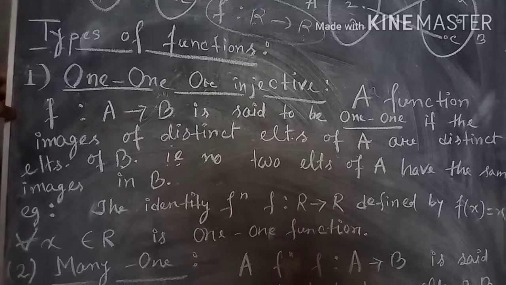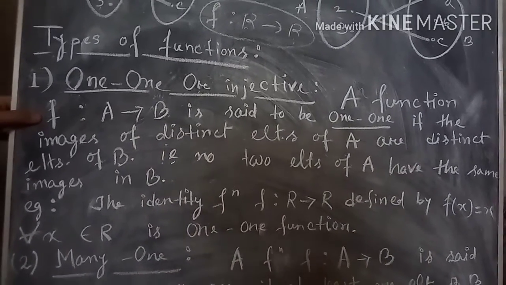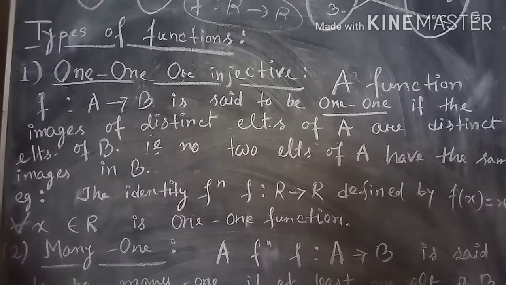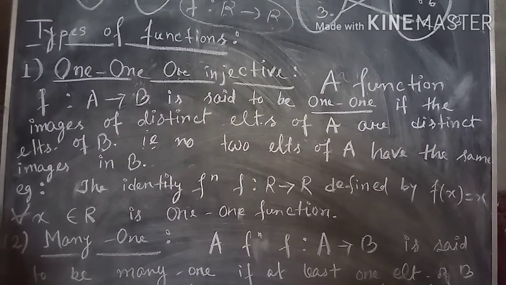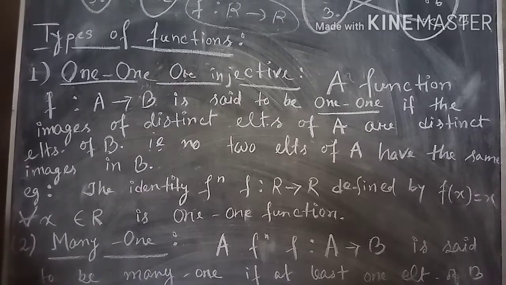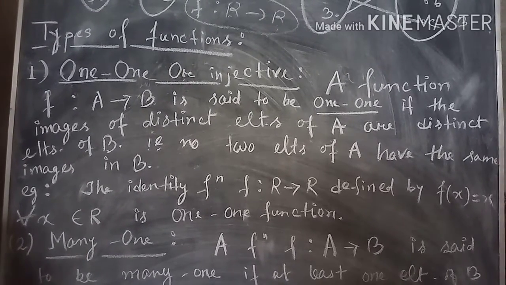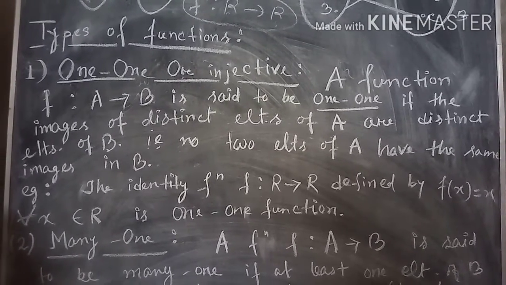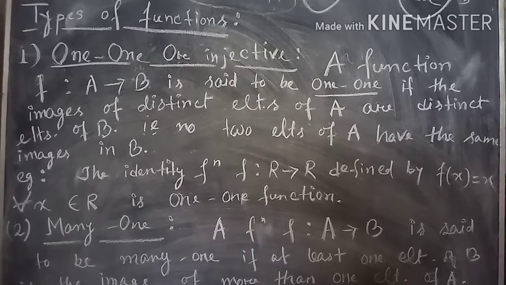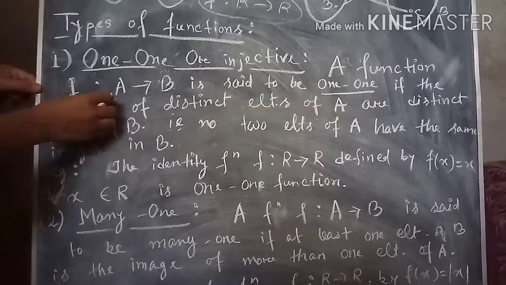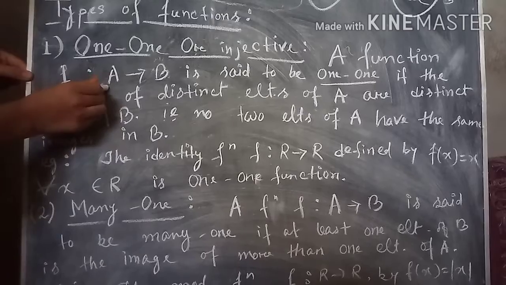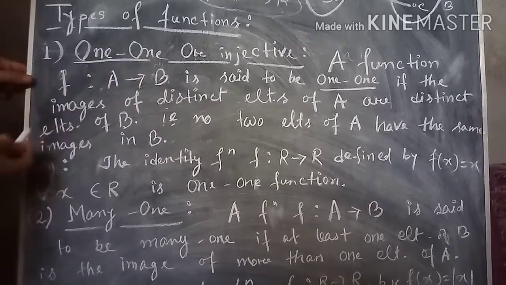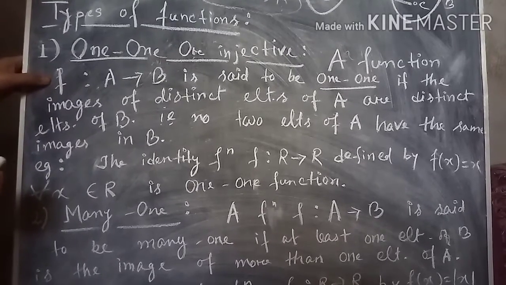The definition is: a function f from A to B is said to be one-one if the images of distinct elements of A are distinct elements of B. The definition says a function f from A to B is said to be one-one if distinct elements of A have distinct images in B, then it will be called a one-one or injective function.